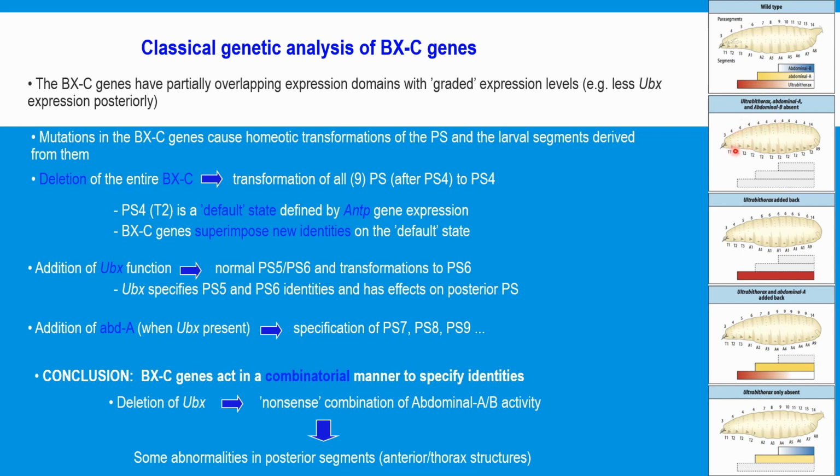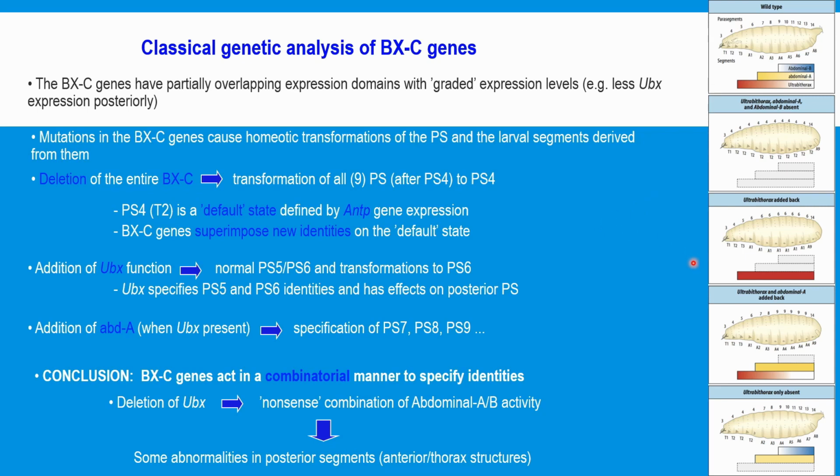So there's already a pattern laid down by expression of antennapedia. It has some sort of gradient itself, presumably. When you don't have the bithorax complex genes expressed over this, you get parasegment 4 as your default state.